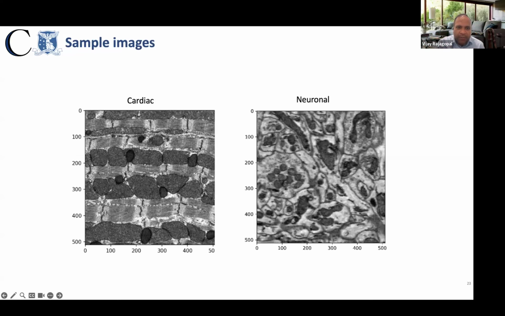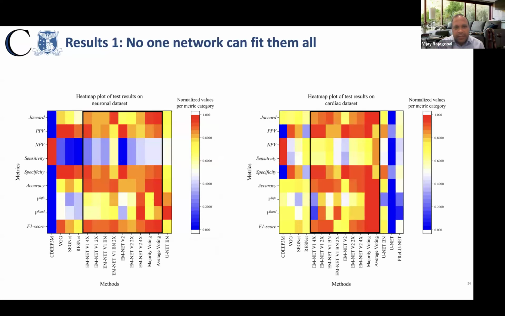This is the cardiac one that was published by a colleague at NIH, and this is another electron microscopy data set that's been used as an EM image segmentation challenge data set before, which is from brain tissue. We took these two different data sets and studied the performance of our implemented models across a bunch of metrics.